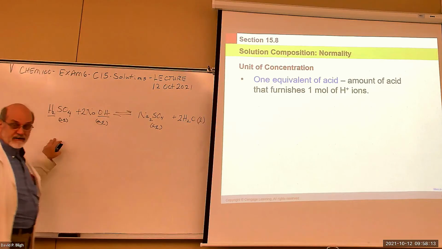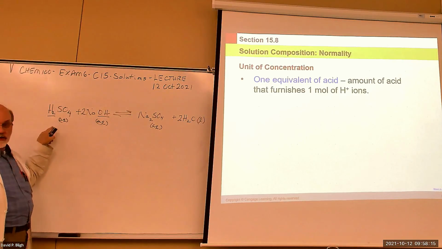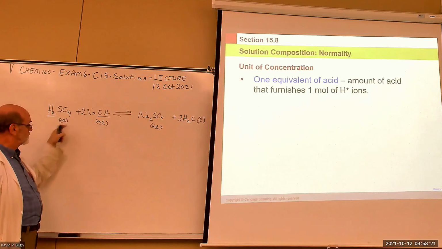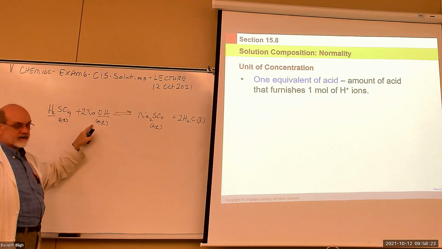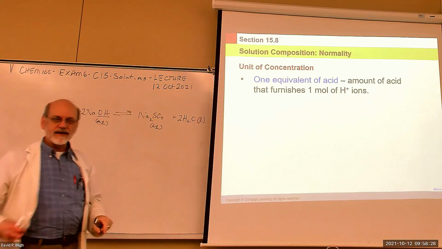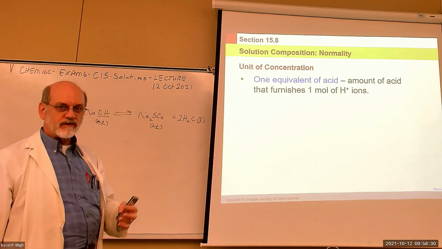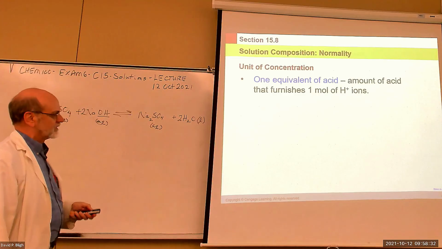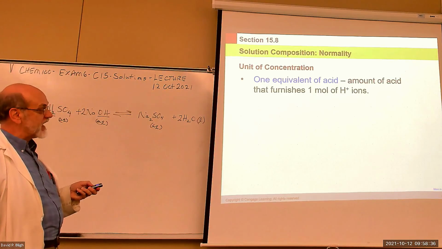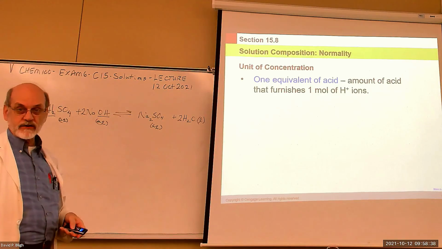With this playing field, the sulfuric acid is twice as valuable as sodium hydroxide because it makes 2 protons for each unit, whereas sodium hydroxide only makes 1 hydroxyl. So they invented a new unit of measure called the equivalent.